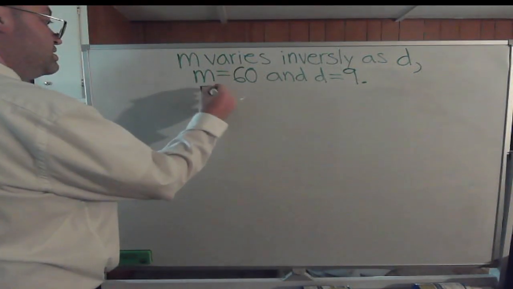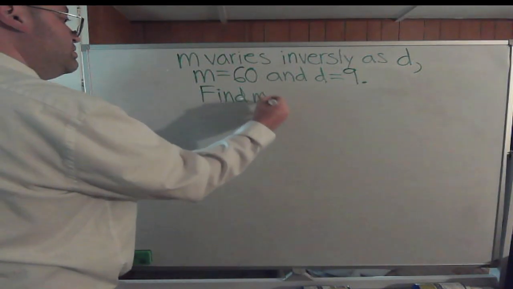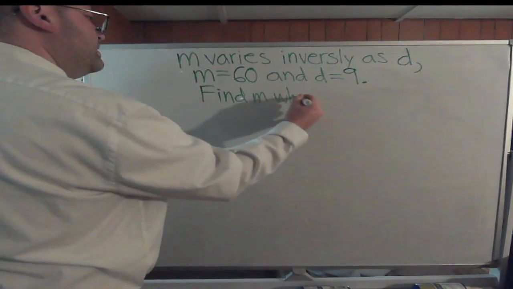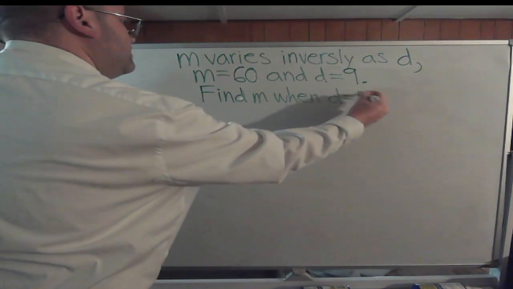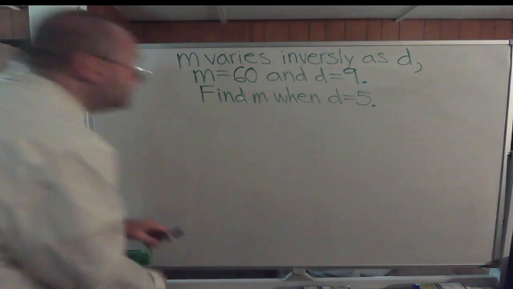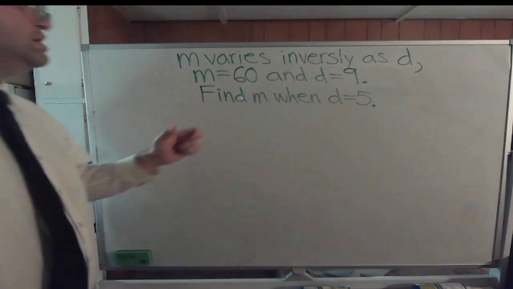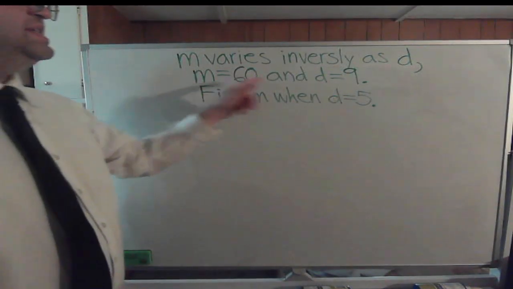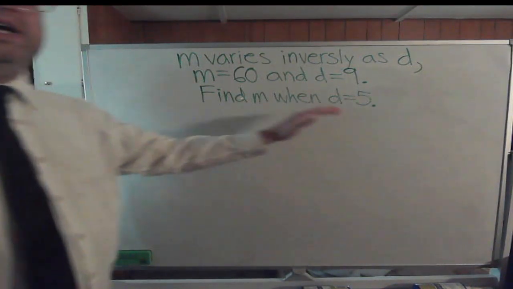Find M when D equals 5. Alright, so we have the problem here of M varies inversely as D. They give you M equals 60 and D equals 9. Find M when D equals 5.